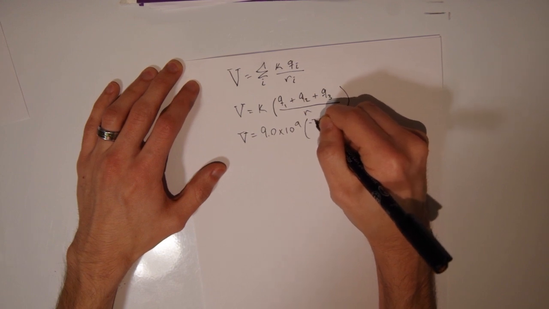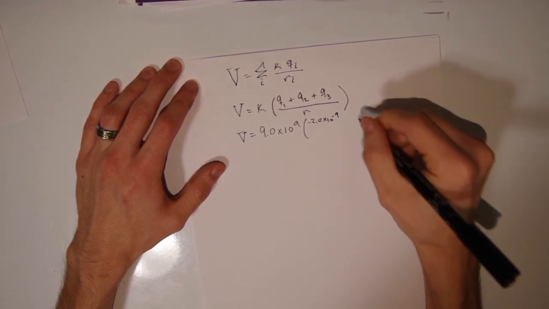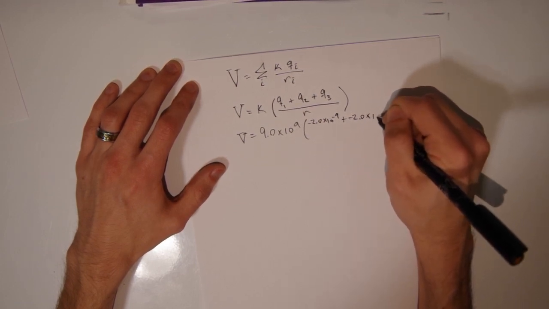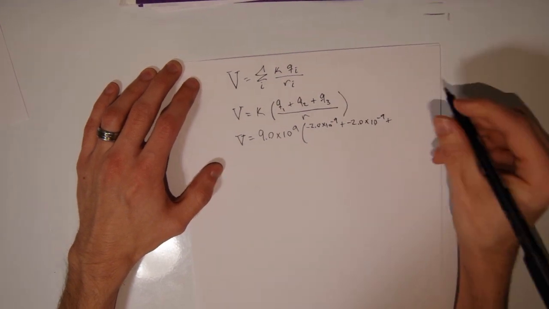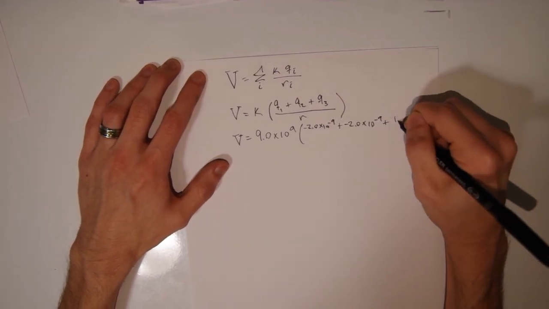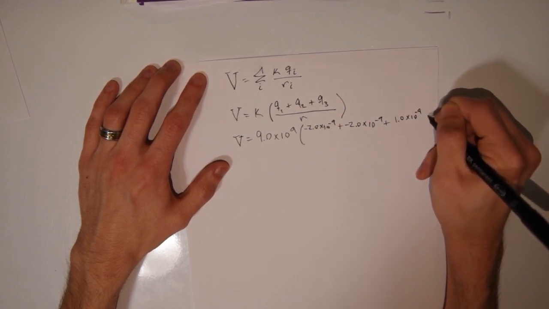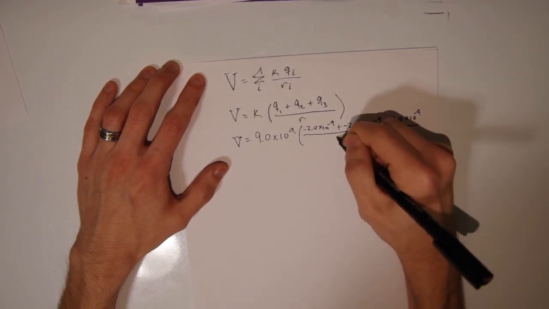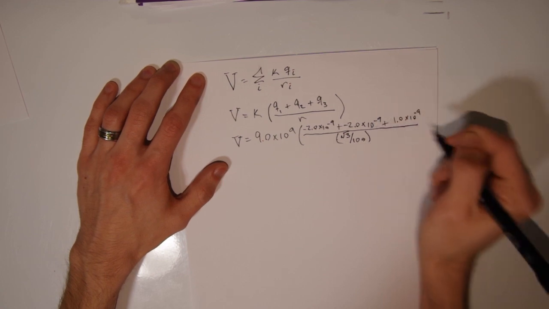Q1 was negative 2.0 times 10 to the negative 9 coulombs, plus negative 2.0 times 10 to the negative 9 coulombs for Q2, and then Q3 was 1.0 times 10 to the negative 9 coulombs. We're dividing this whole thing by the square root of 3 over 100.